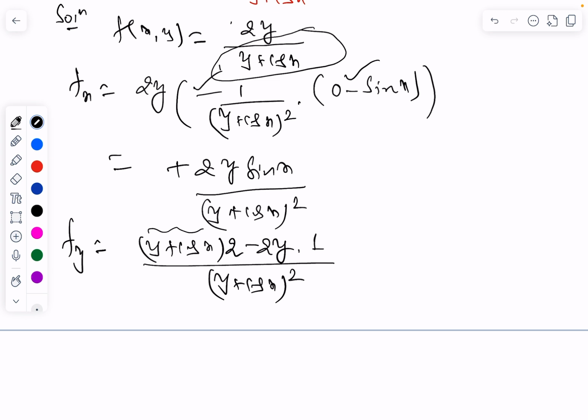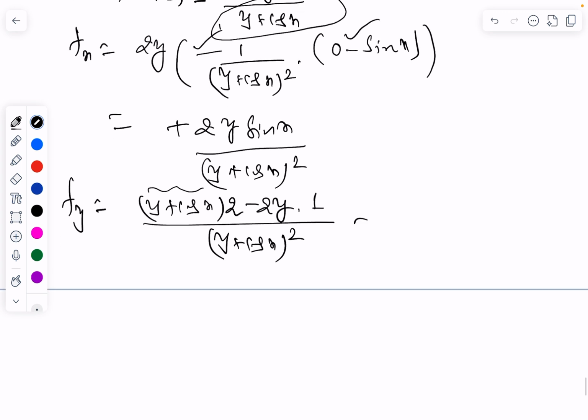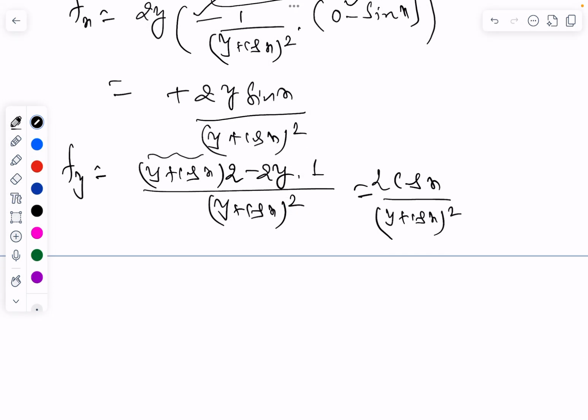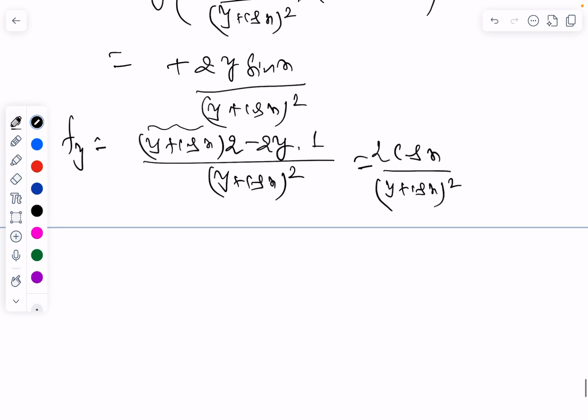So that is 1, since the derivative of cosine x with respect to y is 0. So this is 2 cosine x over (y plus cosine x) square. That is the answer.